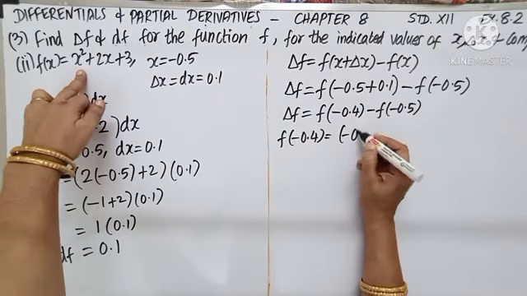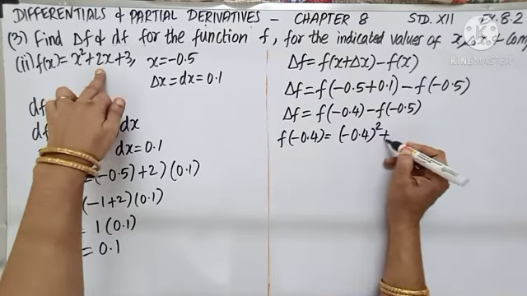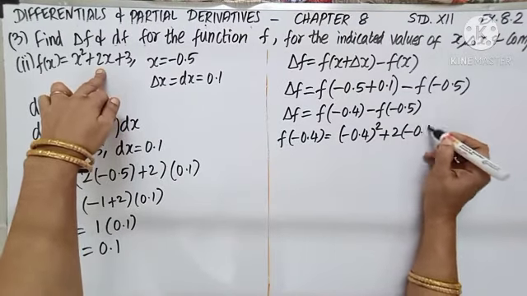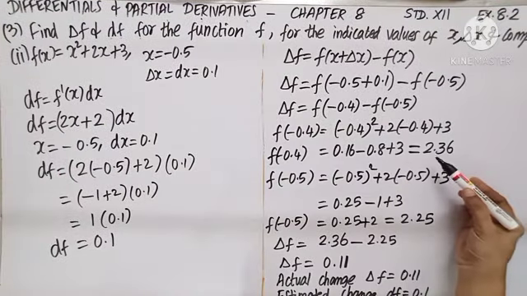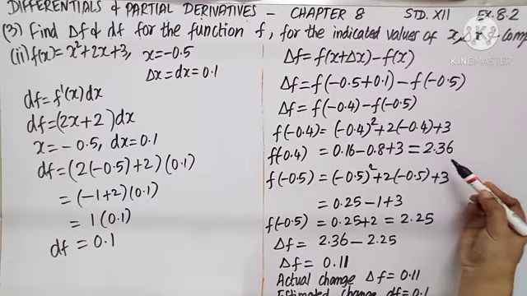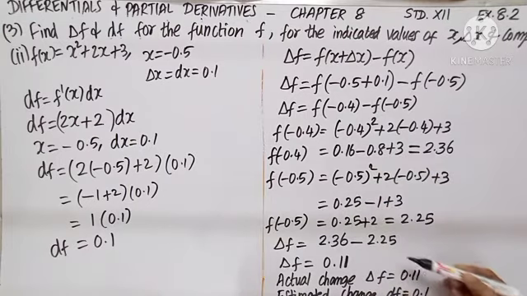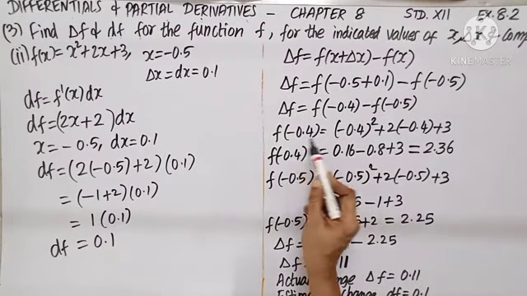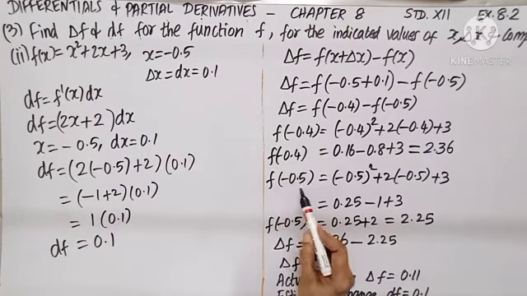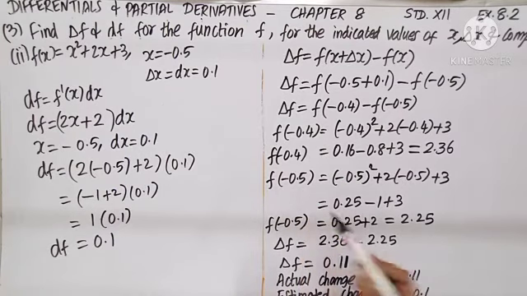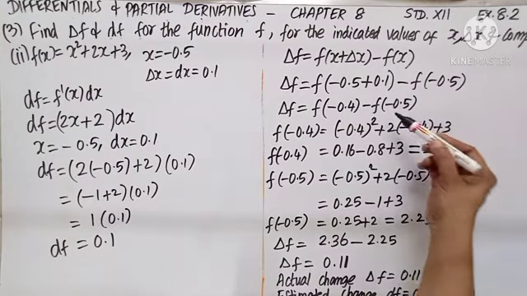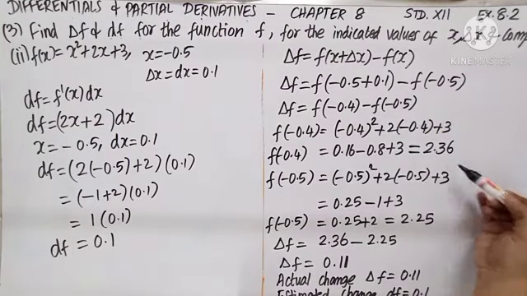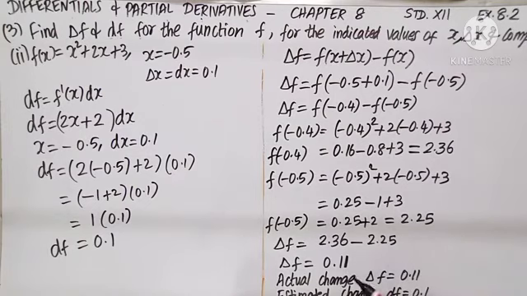Substituting here, minus 0.4 the whole square plus 2 into minus 0.4 plus 3. As we simplify, we get 2.36. In the similar way, wherever minus 0.4 comes, I can put minus 0.5 and we get 2.25. Substituting in del f, 2.36 minus 2.25 gives us 0.11.